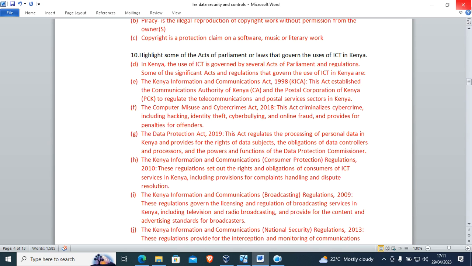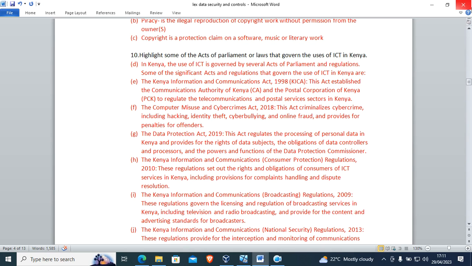Then we have the Data Protection Act, 2019. This act regulates the processing of personal data in Kenya and provides for the rights of data subjects. We have the Kenya Information and Communication (Consumer Protection) Regulations, 2010.